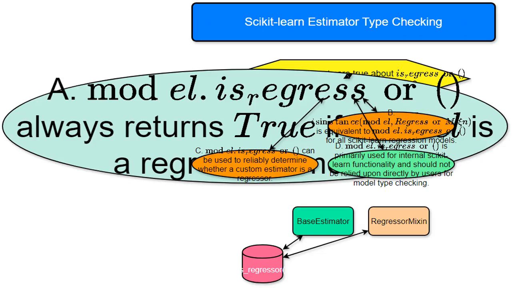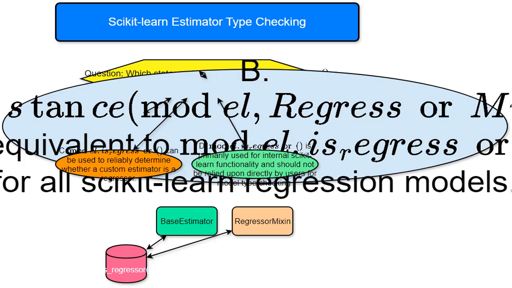The isinstance function directly checks if a class inherits from RegressorMixin. While related, the is_regressor method can give a different answer in some unusual situations or with custom estimators. No, this statement is incorrect. Because custom estimators might override the behavior of `_is_regressor`, you can't count on it for consistent results.